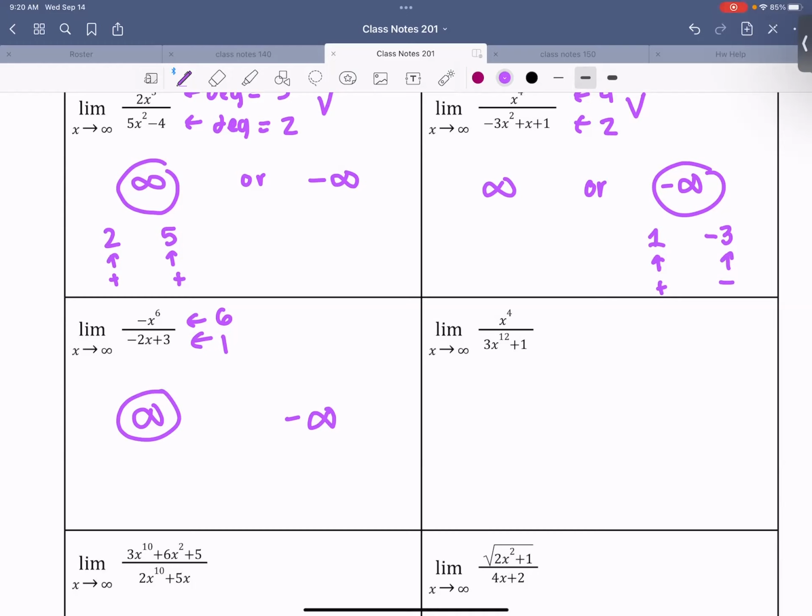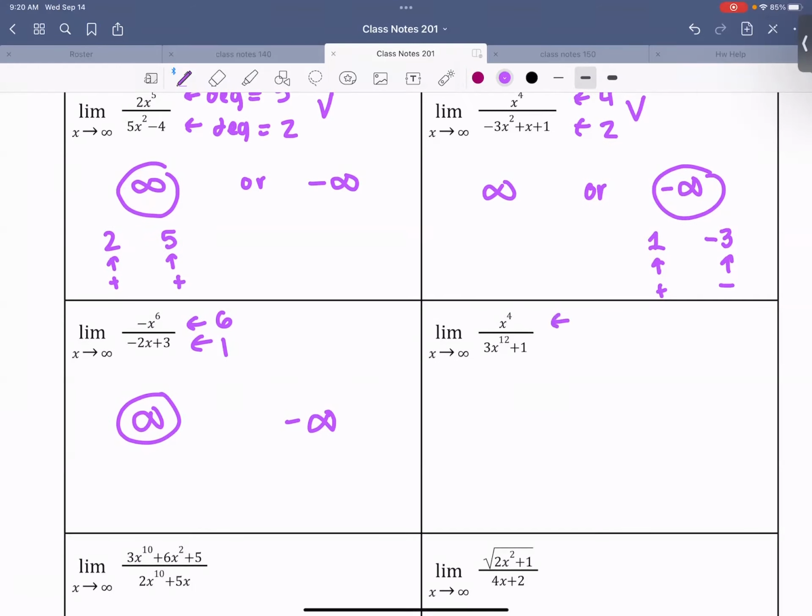Any questions so far? Good. Next example, we got x to the 4th, highest power 4. We got x to the 12th, highest power 12. What's this limit going to equal? 0, good. Degree in the denominator exceeds the degree in the numerator.